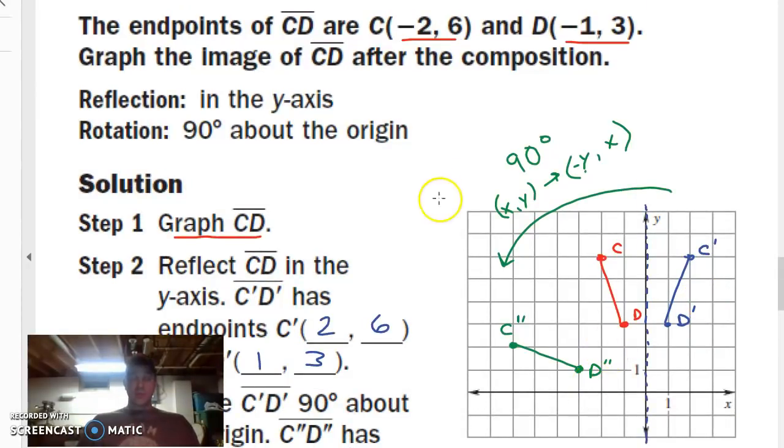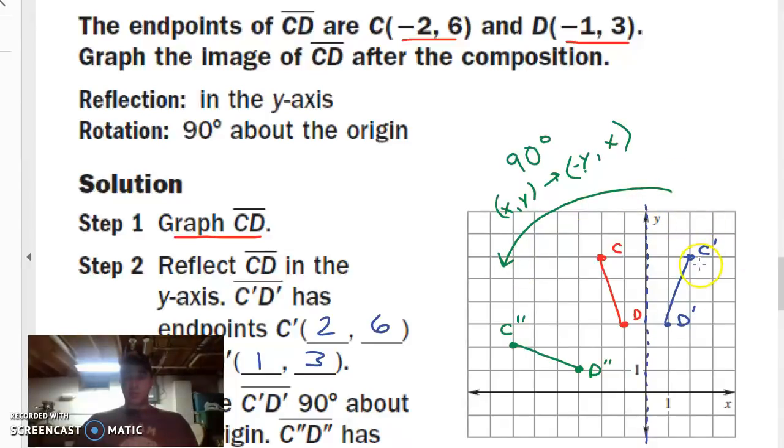So if you had the opportunity to do that, it should look something like this. When you graph CD, those points initially are right here at (-2, 6) and (-1, 3). The first thing that we're doing is reflecting it across the y-axis, and so you get D prime, C prime as your new line segment. But then you're going to rotate this 90 degrees.